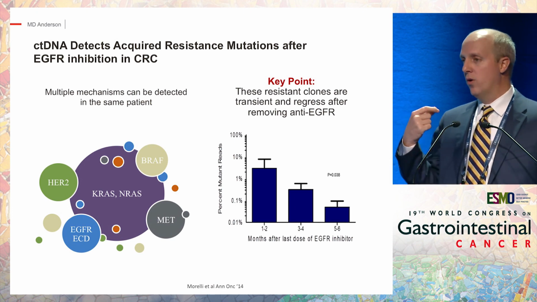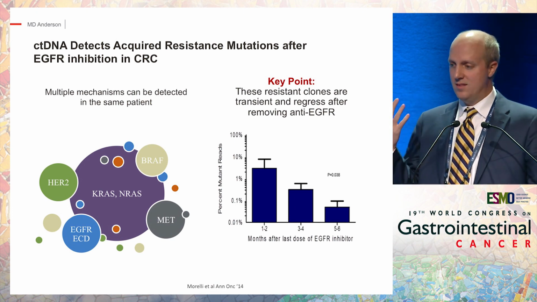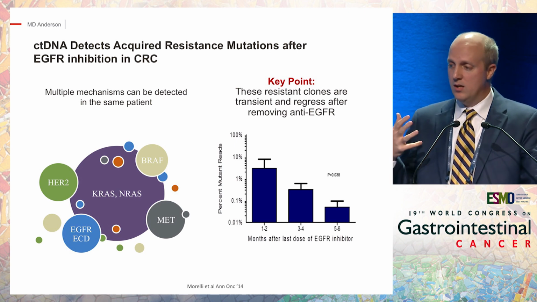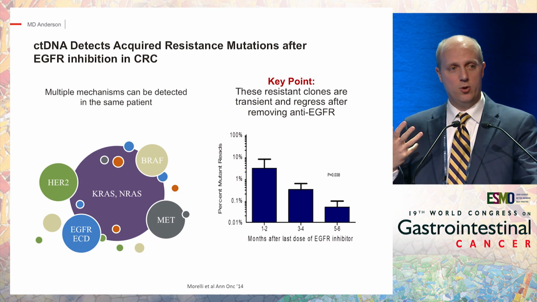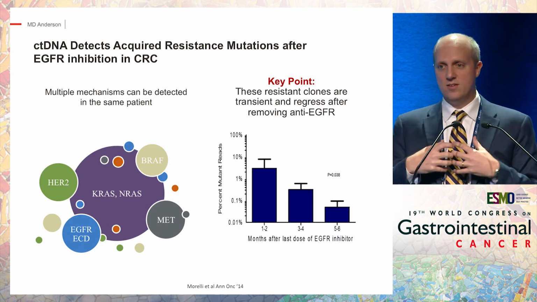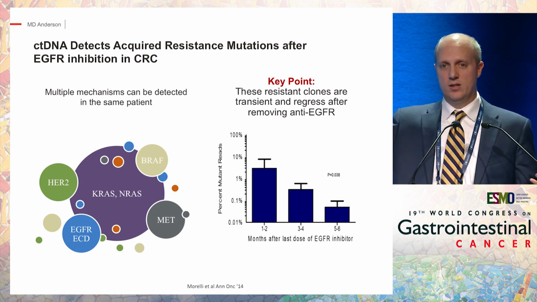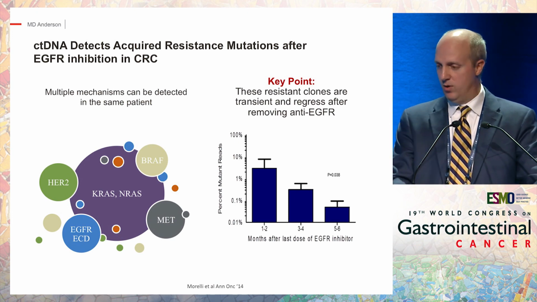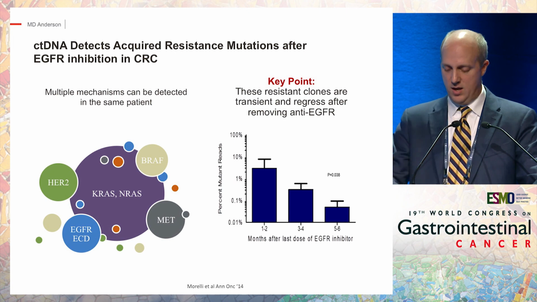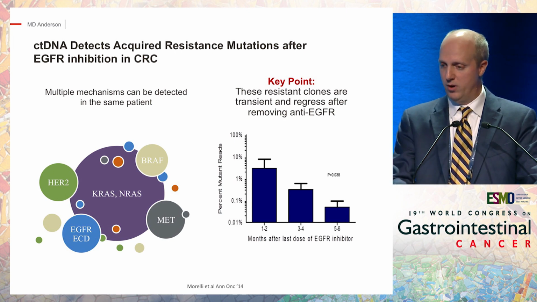And a key point that we're starting to learn is that these resistant clones appear to be transient and actually may regress after anti-EGFR therapy. So we now think about resistance as maybe not a fixed finding, but something where there can be some evolution over time. And this is an area where we await additional and more robust data.